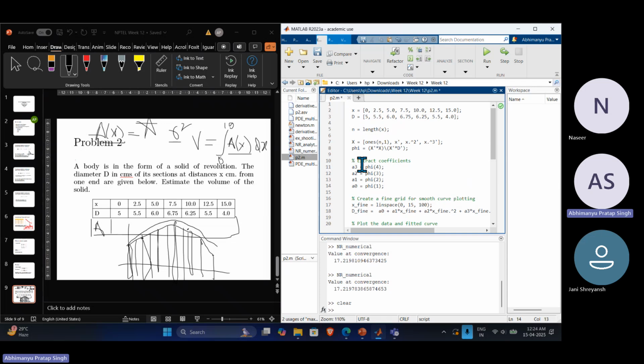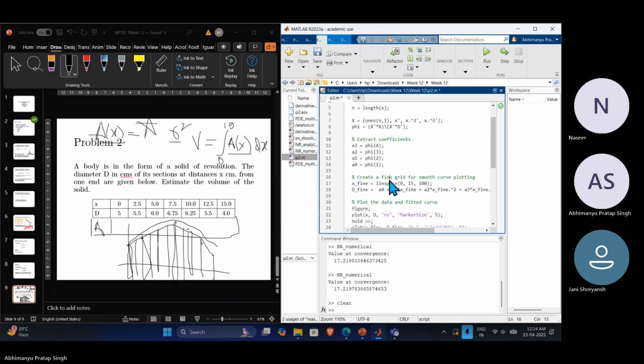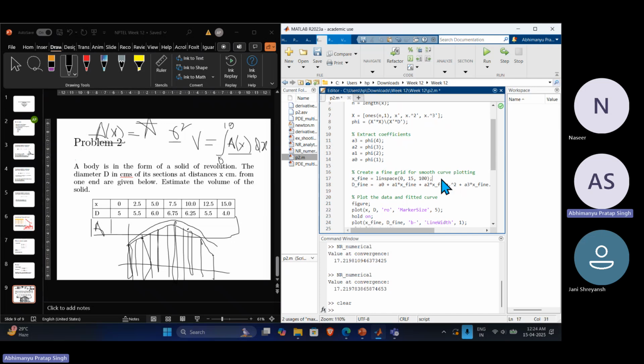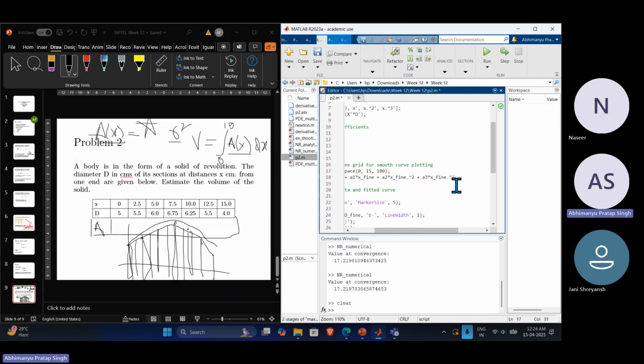So A3 would be the last coefficient. It depends on how you are creating this X matrix. If I replace the order of these X matrix, then this order will also be reversed. Then I'm creating a fine grid for plotting a smooth curve.